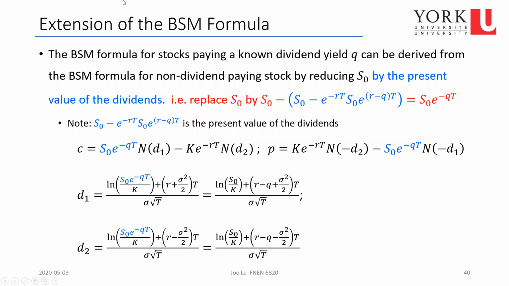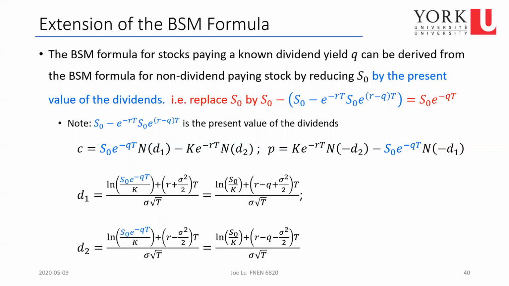So the way to account for that is that, instead of having S naught being the price that you put in your formula, you will say, well, okay, I really don't have the full S now, because you can think about that S price as having two components. One component is just the pure dividend, the present value of the dividend, which is not going to be relevant for the call price, because that's going to be paid out before the maturity.